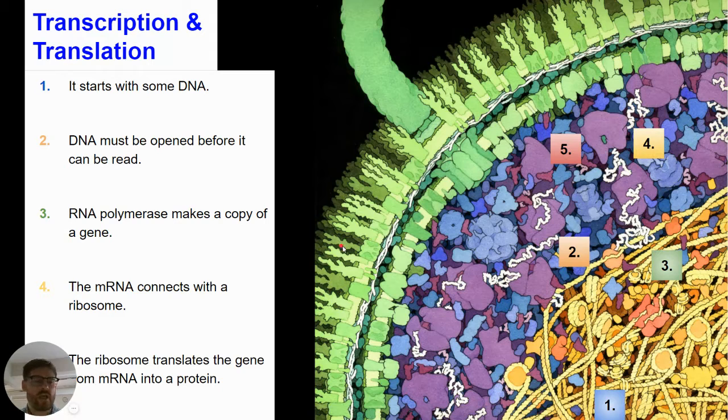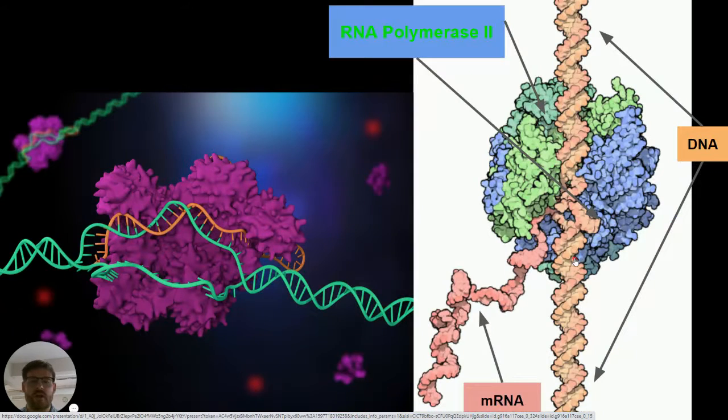So we know DNA, and now let's get into the real juice of it here. Step number 2. Let's talk about this molecule here, which is called RNA polymerase 2. There's a polymerase 1 and a polymerase 3, but number 2 is the one that we're most interested in here. The job of this protein is to open up the DNA.